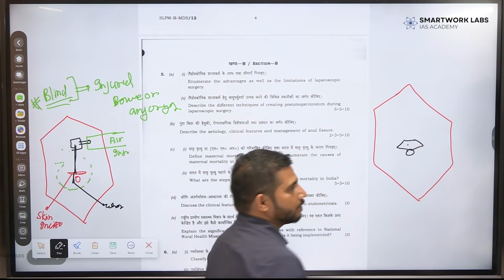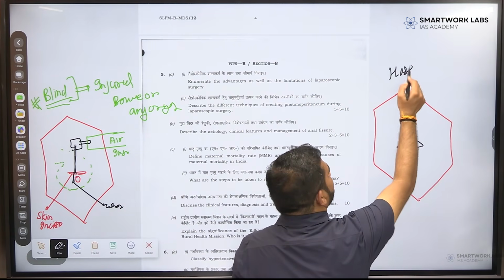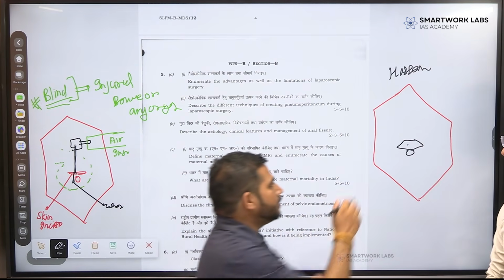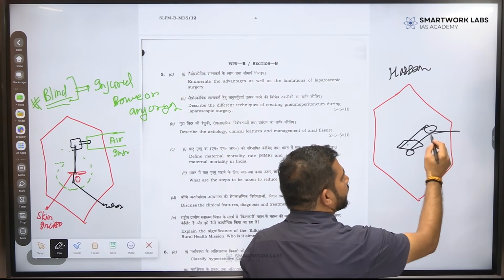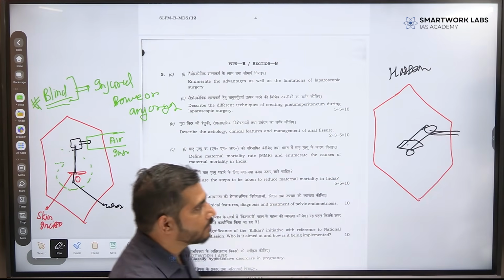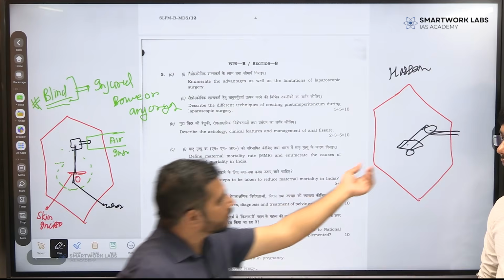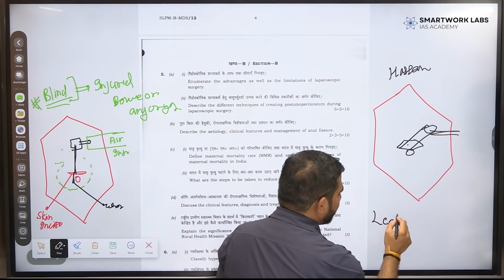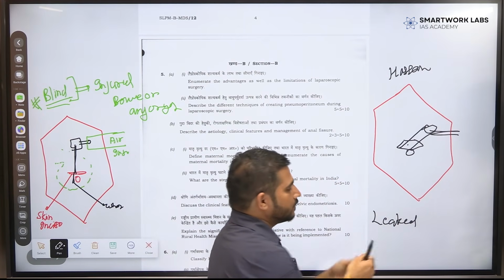This is the open space. What is the advantage in the Hassan technique? The advantage in the Hassan technique is that you see each and every structure and then you put the cannula here and insufflate. But the problem is that you are talking about minimal invasive surgery and you increase the incision. The difficulty is that sometimes a leak happens here because you open the abdomen, it is not elastic.